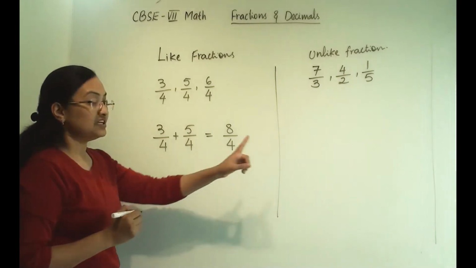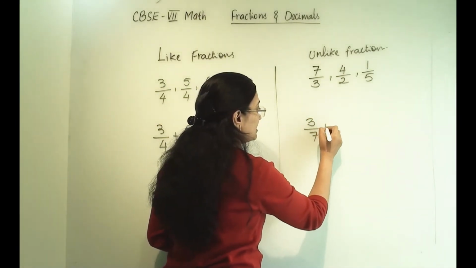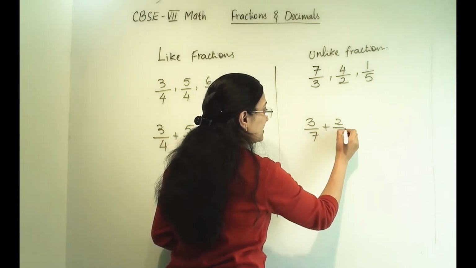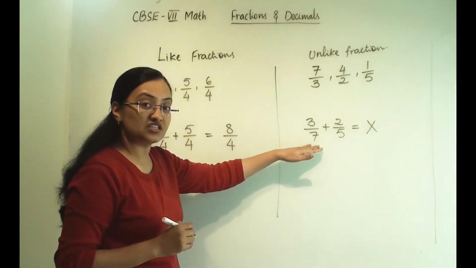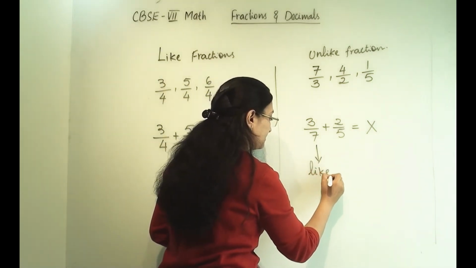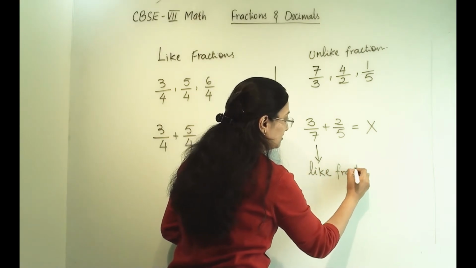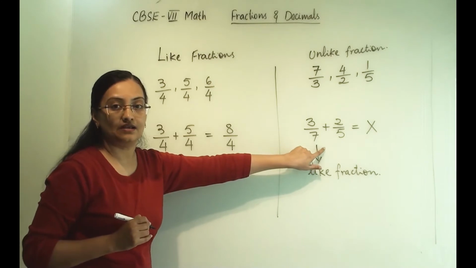If it is unlike fractions like this, 3/7 plus 2/5, then you cannot add them. You have to first convert them into like fractions, and then you can add them, but directly you cannot add them.